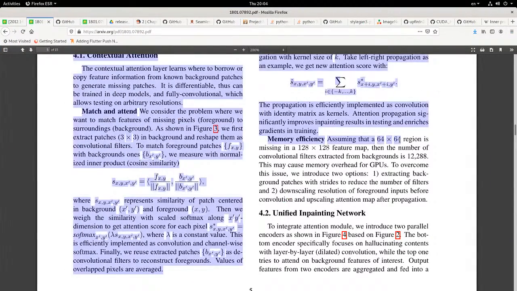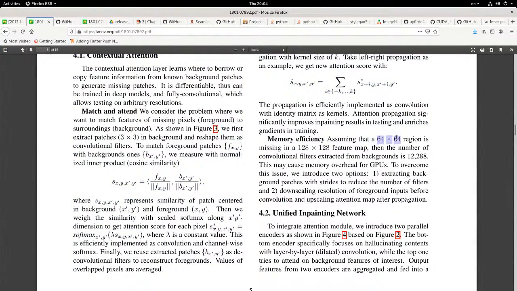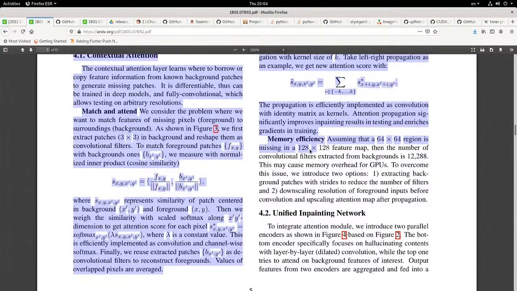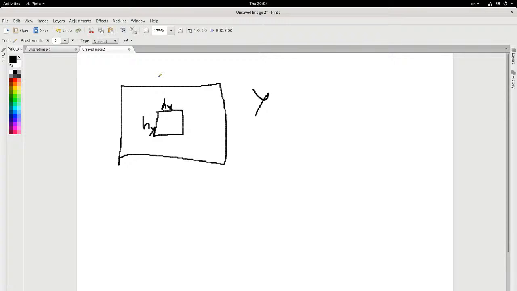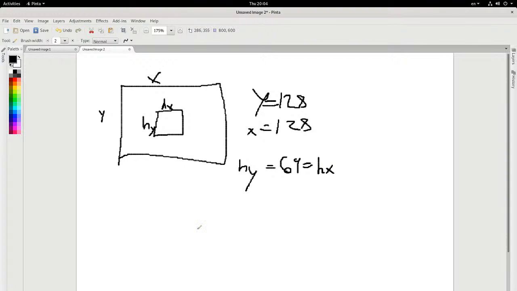In this case, we have 64 by 64. Okay, we have 128 by 128. So we have y equals 128, x equals 128, hy equals 64 equals hx.